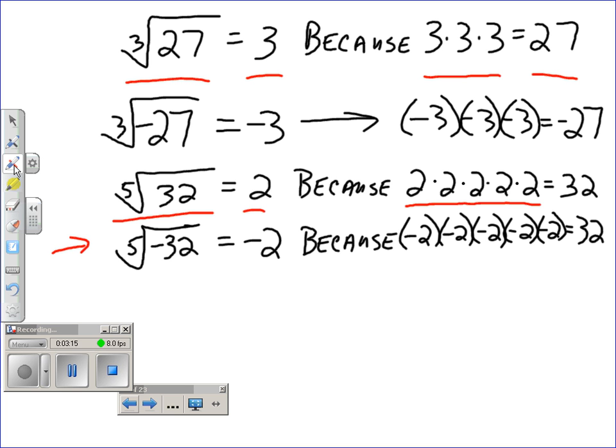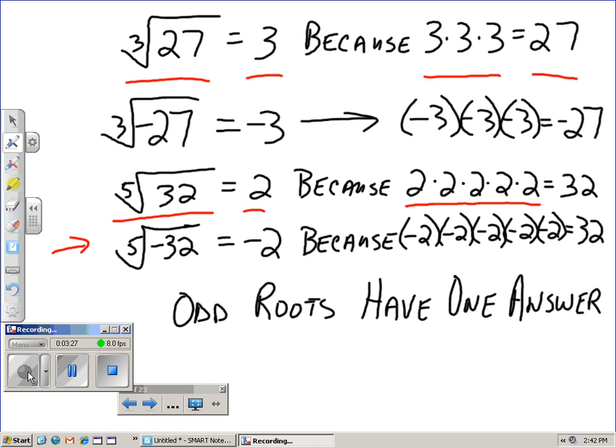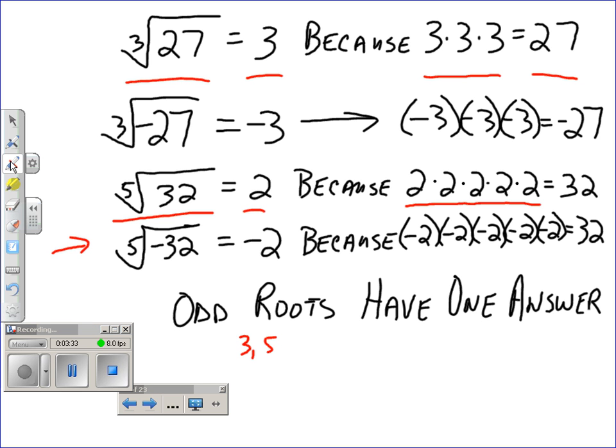Using the same reasoning, the fifth root of negative 32 is negative 2, because the only way you can get it is by multiplying five negative 2's together. All right, the point we're making here is that odd roots, and odd roots are your roots of 3, 5, 7, 9, etc., have one answer.